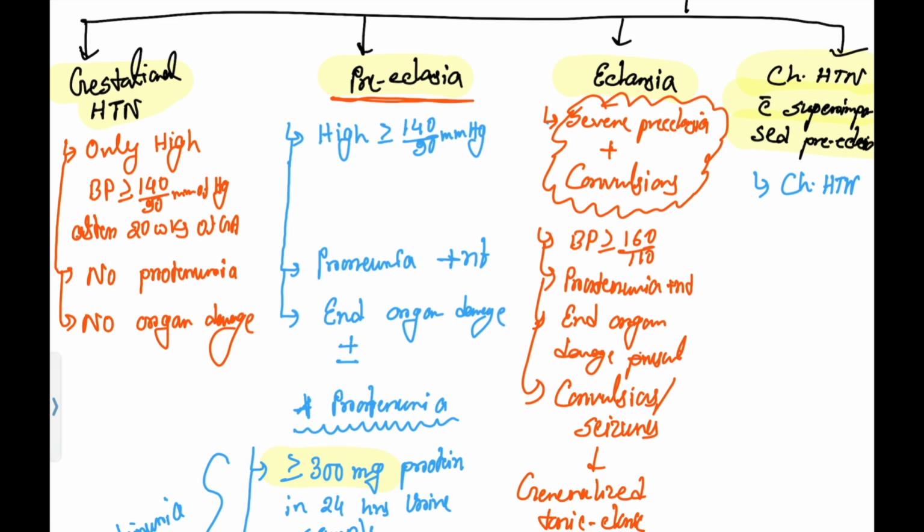Now mother conceived, pregnancy started. The BP will be high throughout pregnancy. Along with that severe preeclampsia features also started. Okay, so chronic hypertension with preeclampsia comes under this class. Which class? Chronic hypertension with superimposed preeclampsia. Okay? Now we classified the whole hypertension in pregnancy into all classes.